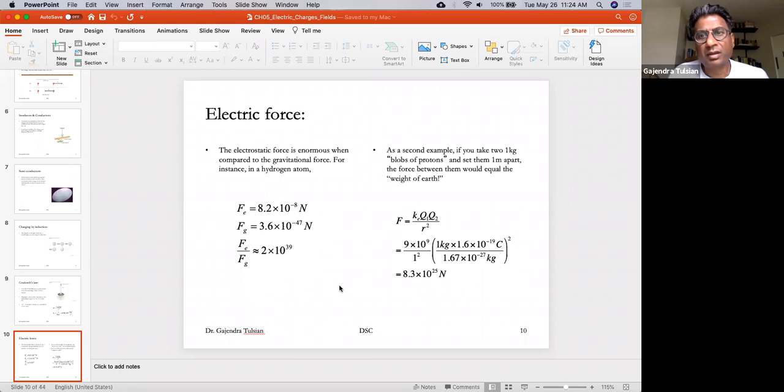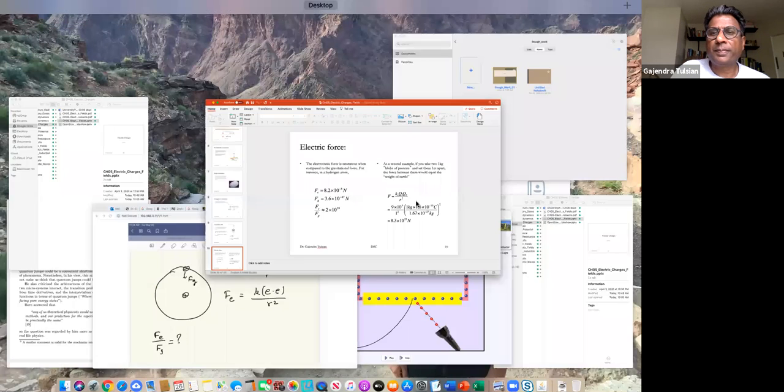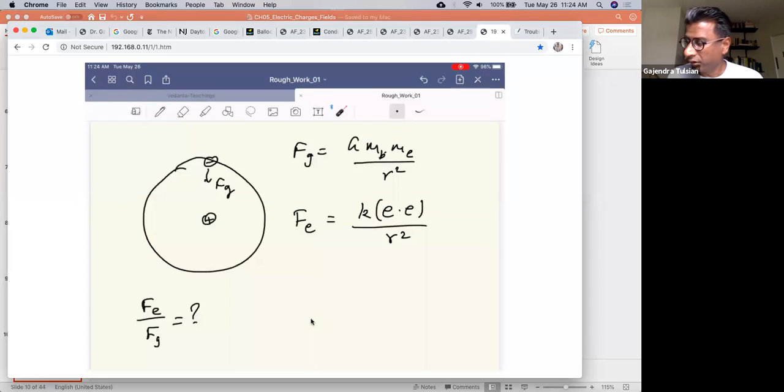Okay. Now here's a second example of how strong the electrostatic force is. If you took 1 kg blobs of protons, okay, so what does that mean? Let's see.